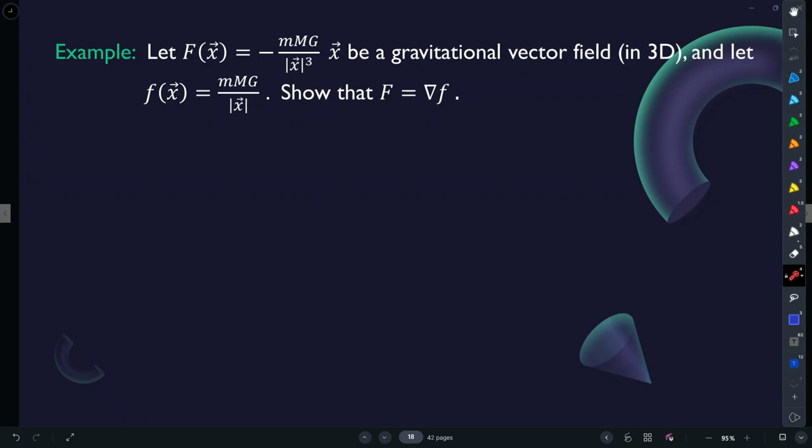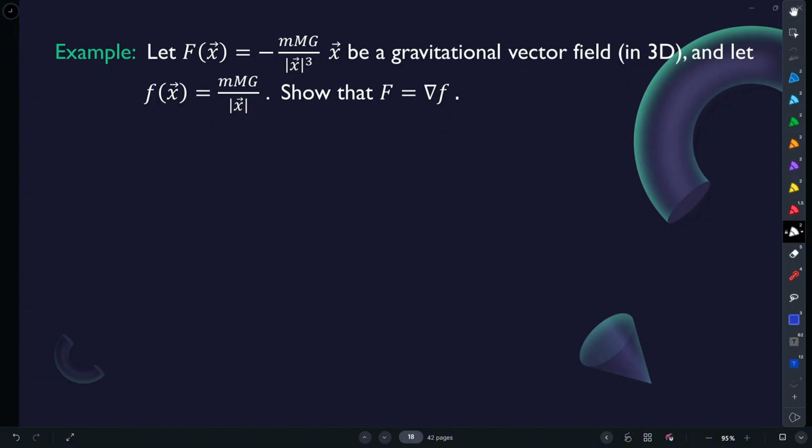Let me show you, going back to the gravitational field, that the gravitational field is, in fact, like somebody mentioned, a derivative. It is a gradient vector field. So if I take this function, it turns out that the gradient of this function is the gravitational vector field. So what does that mean?